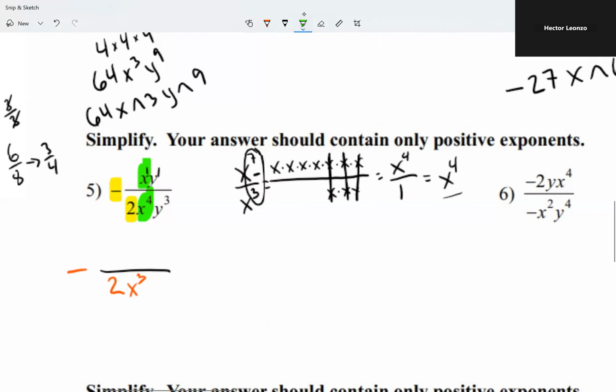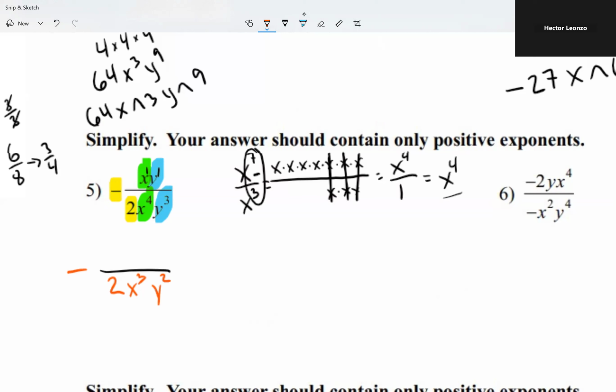Okay, now let me take a look at the y's. I have a y to the 1 and a y to the 3. When I subtract my exponents, 3 minus 1 gives me 2. So it's going to be a y to the 2. Put it where the higher exponent was. So in this case, let me put it at the bottom as well. Y to the 2.